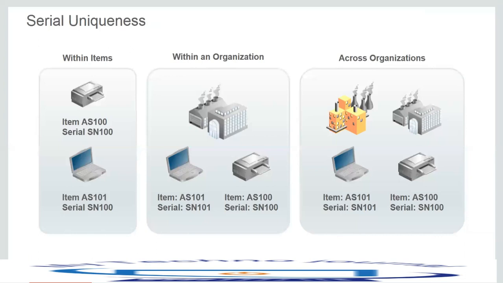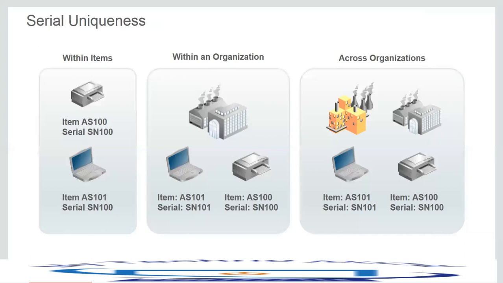Unique within organization. The same serial number uniqueness rule applies when you set the serial number uniqueness control to be within organization. Just to give an example, if you assign serial number SN100 to an item A in a particular inventory organization, we cannot receive item B with the same serial number SN100 in the same inventory organization.